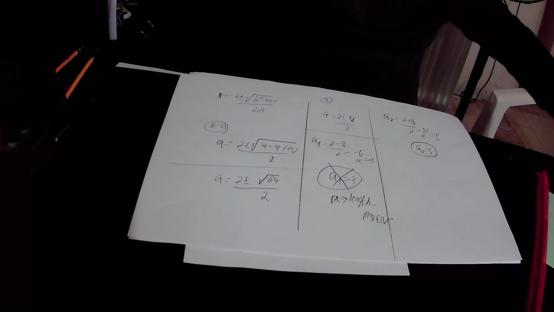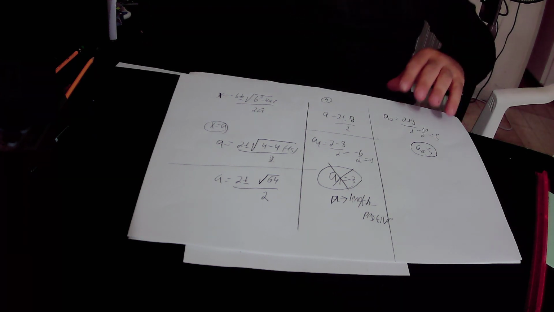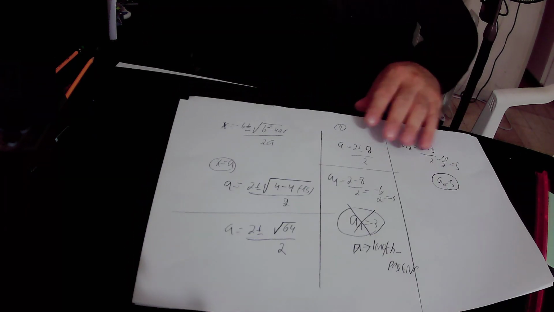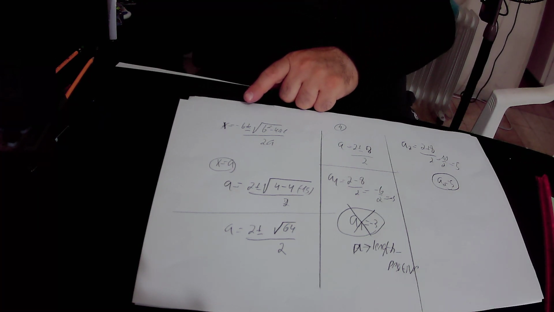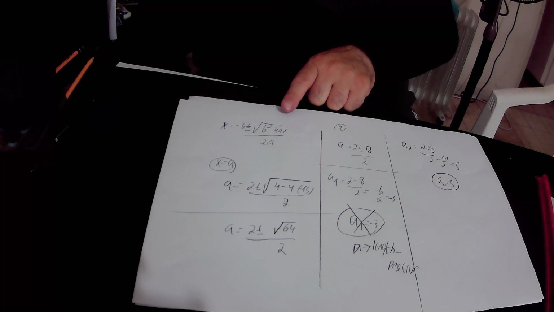The general formula for a quadratic equation to find the variable we are looking for is x equals minus b plus or minus the square root of b squared minus 4ac, over 2a.